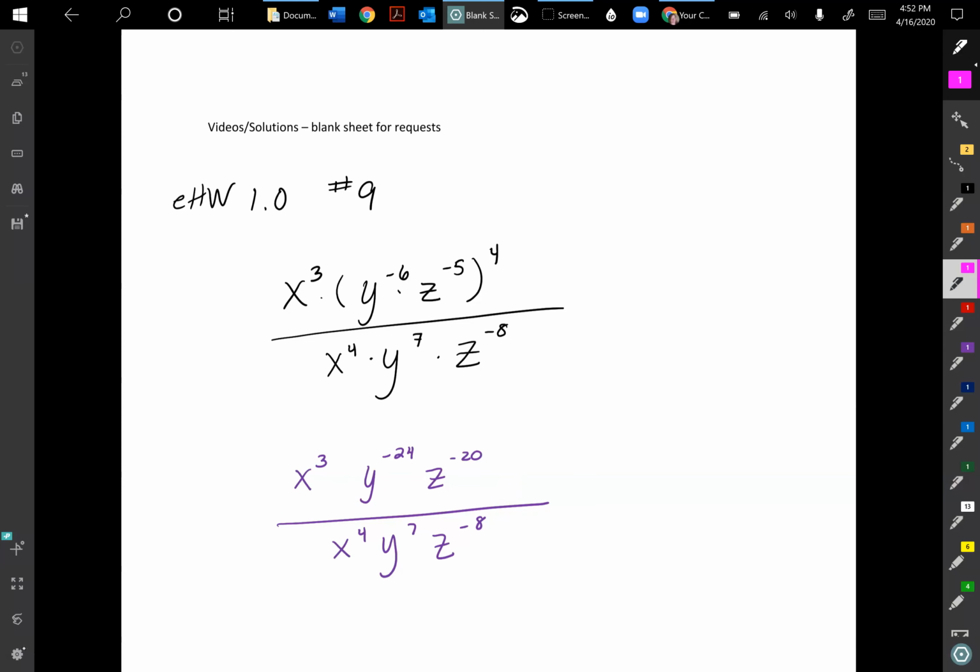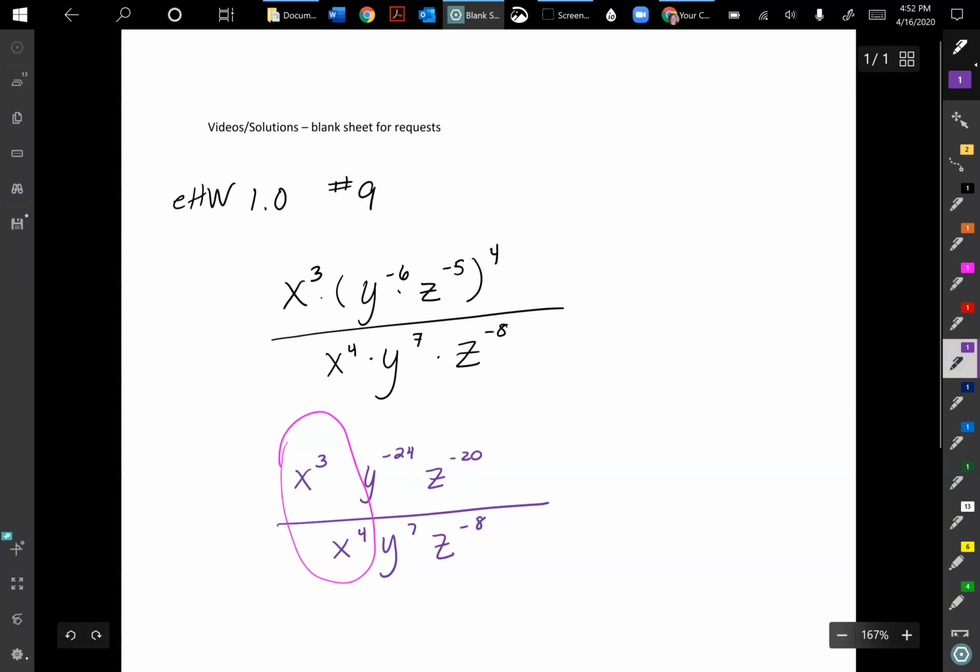Our rule for division of monomials for this one, we are going to first just look at the x's. Sometimes it's just easier to write it like this, I'm going to subtract the exponents. So I keep my base, and then I do 3 minus 4. Now I'm going to look at this next one.